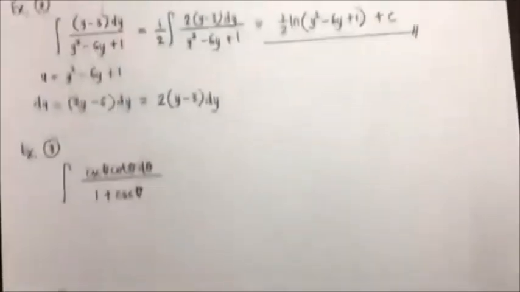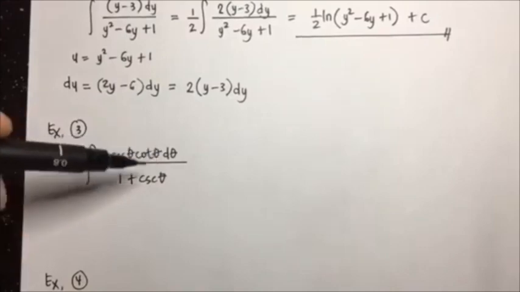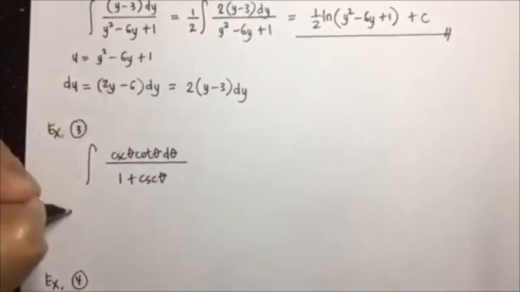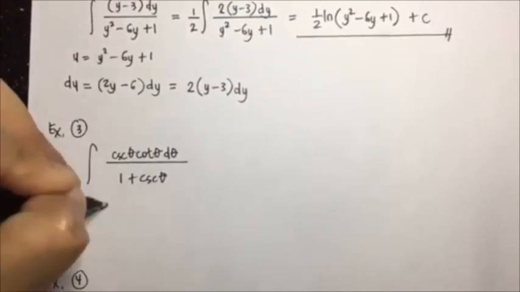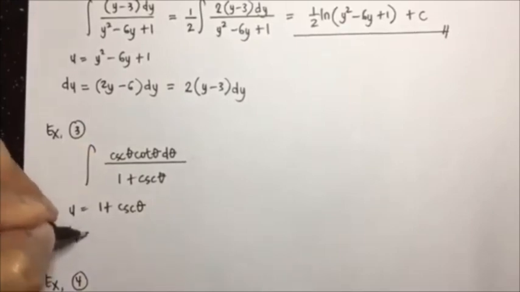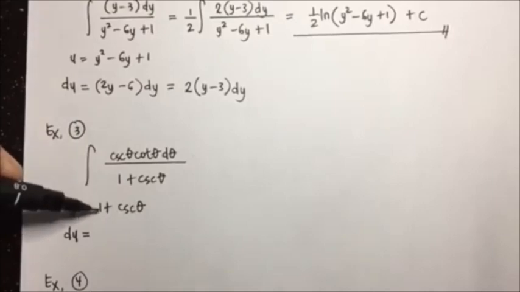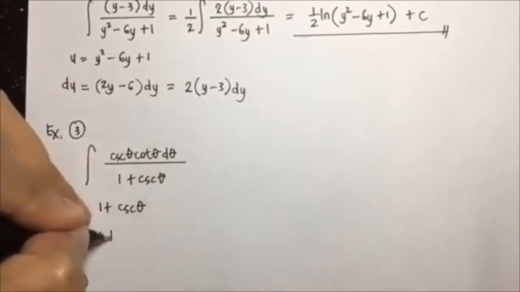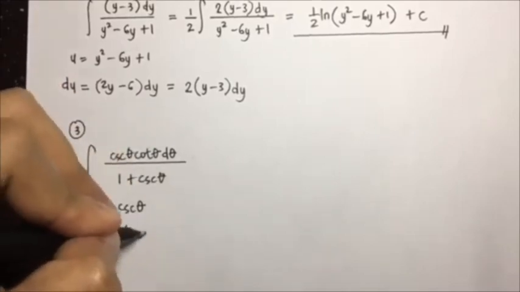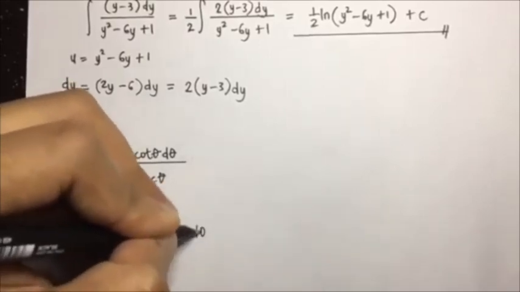Okay, so another, you have integral of cosecant theta cotangent theta d theta all over 1 plus cosecant theta. Obviously our u is the denominator, which is 1 plus cosecant theta, and our du should be the differential of u. The differential of 1 is 0 plus the differential of cosecant theta, which is negative cosecant theta cotangent theta d theta.